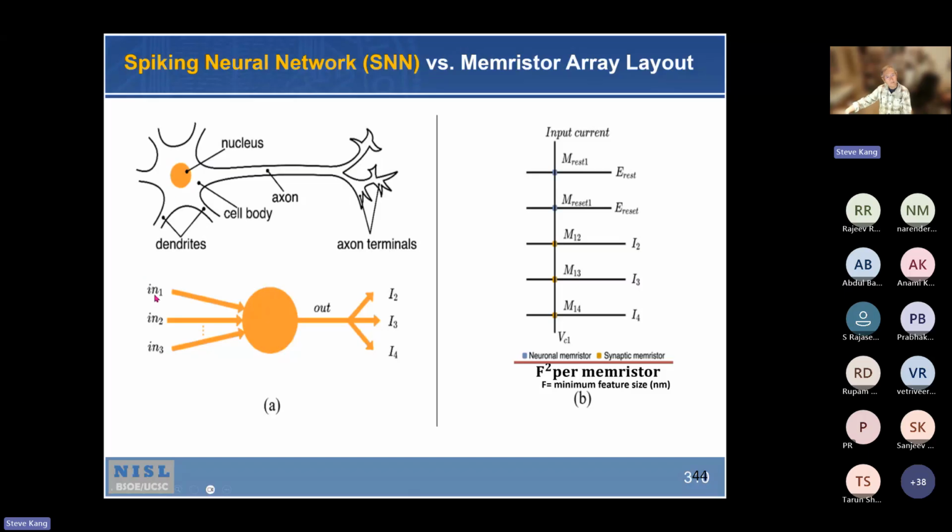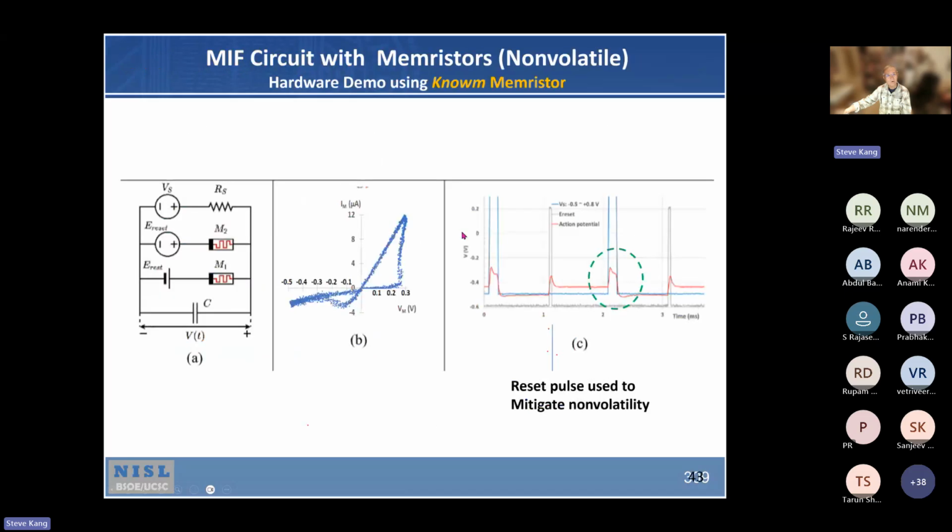See, you have 3 neurons, 3 synapses, 1 neuron, and the output and the fan out. That circuit can be realized in this memristive layout. So this is an input current line, and then this is a DC source, E-reset battery. See, if you go back, we had that one, right?